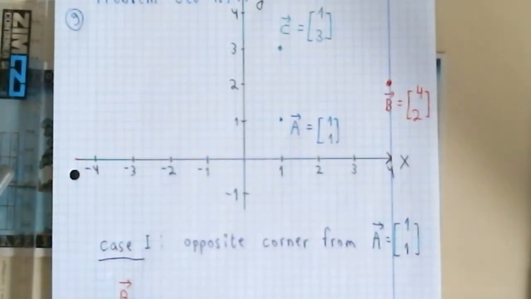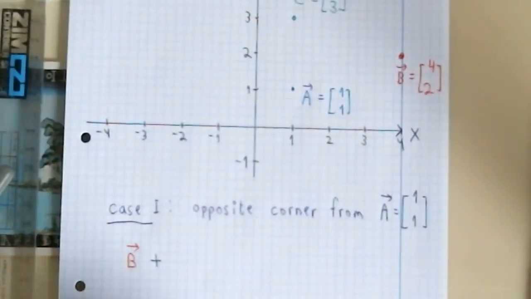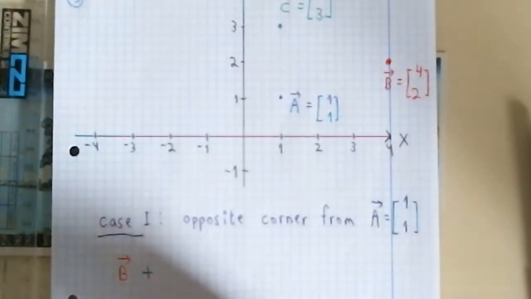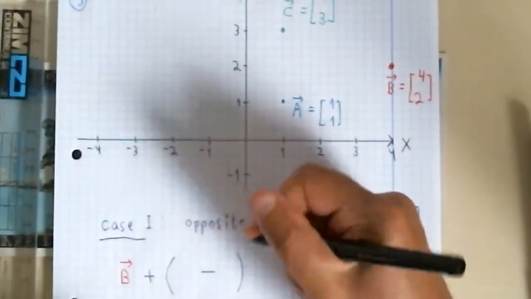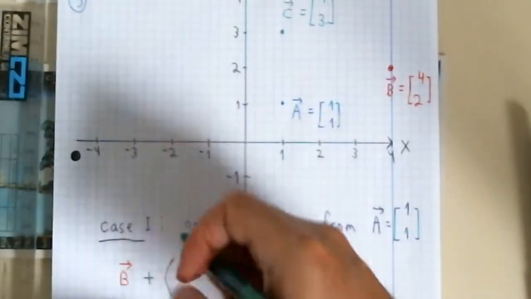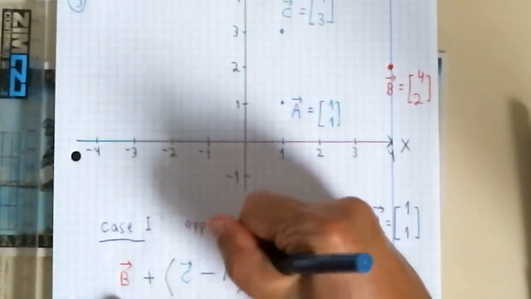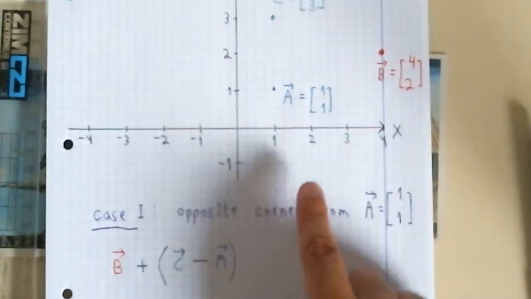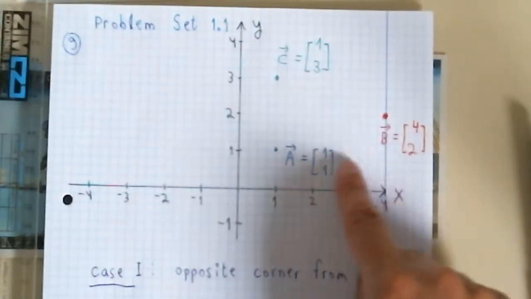plus C minus A. Okay, C minus A. And please notice that we are making it not with the numbers, 1, 3, 1, 1, 4, 2.